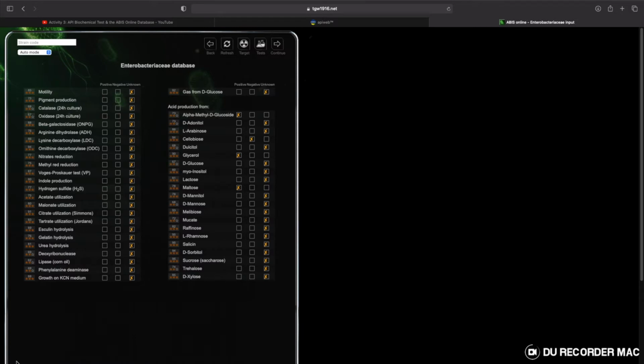You don't need to perform everything. You need to perform most of them to enable you to limit and narrow the tests and to pinpoint what organism you're using. You have the identity of the organism that you're dealing with. So yeah, this is just the tick system. You need to tick if it has a positive or negative reaction for that certain biochemical test.